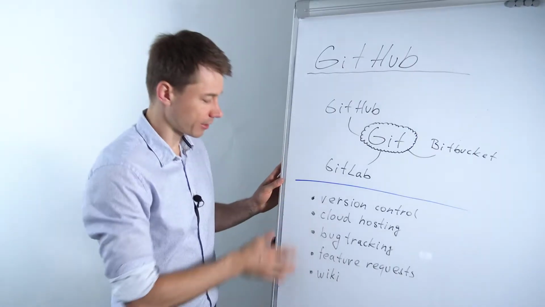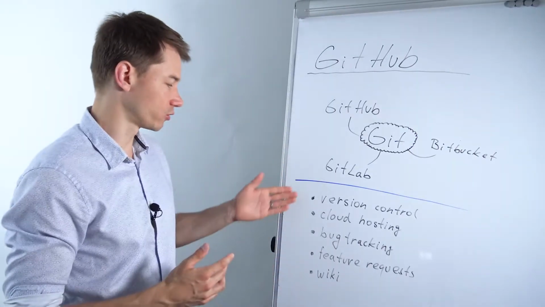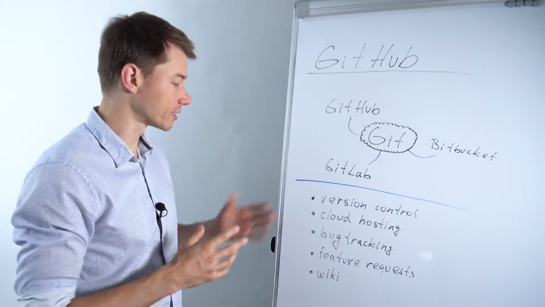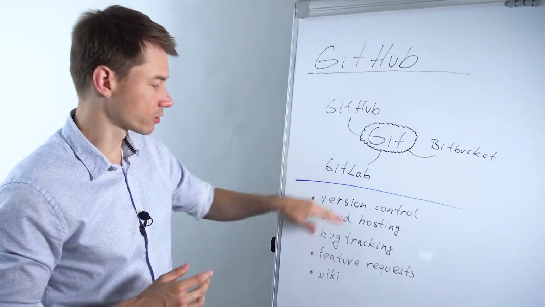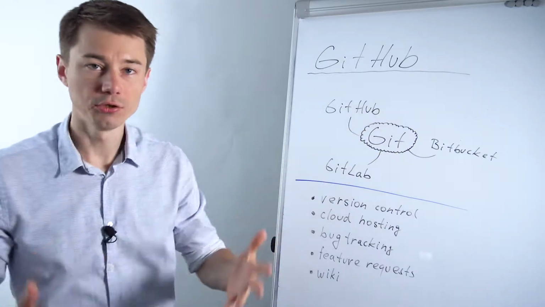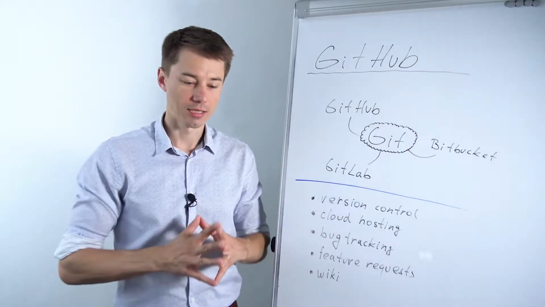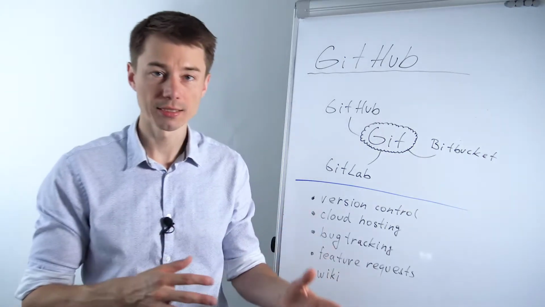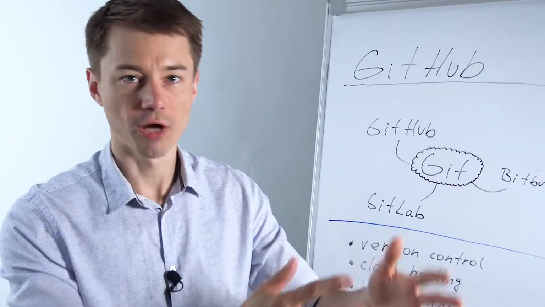I'll just briefly enumerate what it can really do. So the version control is the base, that's why it started. It hosts in the cloud, which is a huge difference compared to how the code was stored in the past. It was stored just straight on the server.